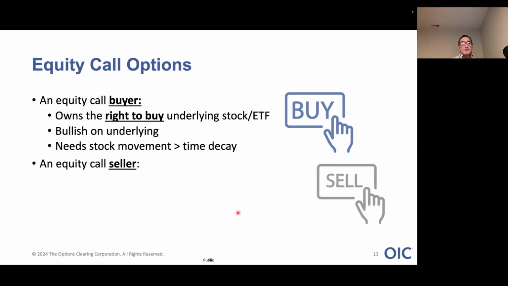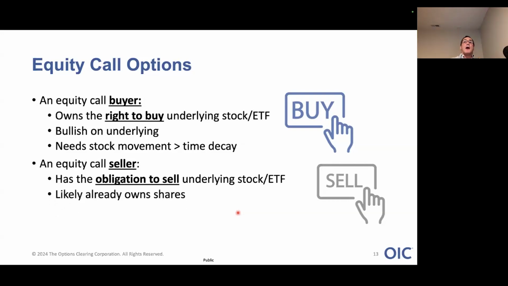There are always two sides to a trade, so for every option buyer, there's an option seller. Somebody's selling you that call. An equity call seller receives that $5, the premium for that option, and is now under the obligation to sell that underlying stock or ETF at their strike price on or before the expiration of that option. There are two types of people that sell calls.